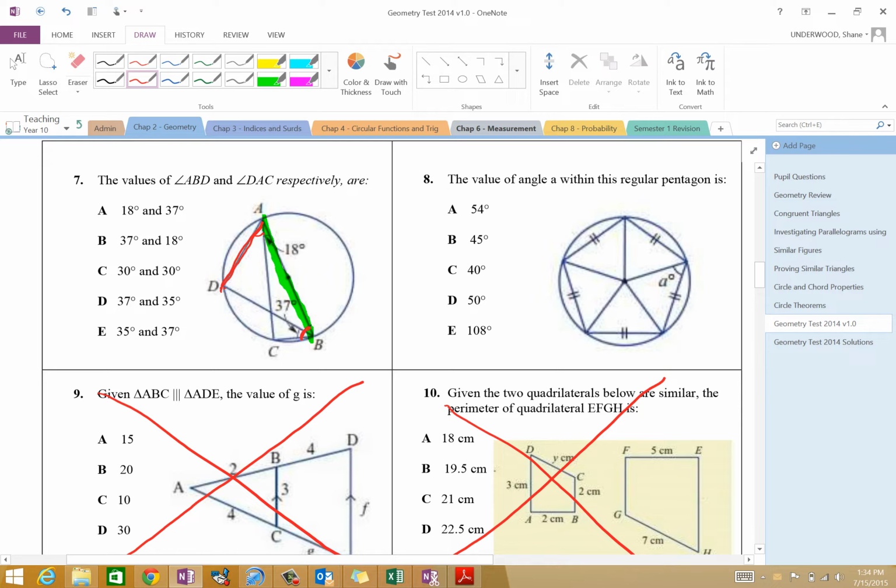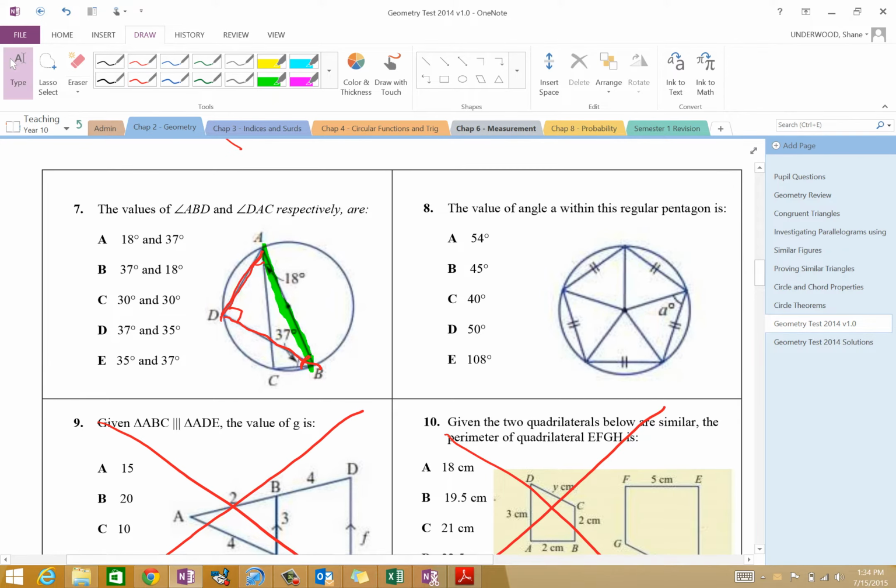What angle does it look like? Right. It's a right angle. And that is actually one of your circular theorems. And we're going to go to that. Circular theorem.